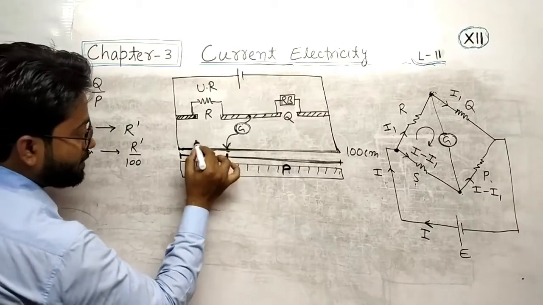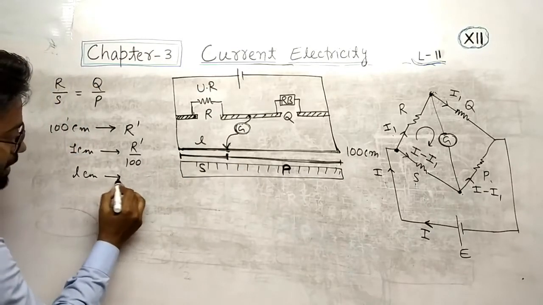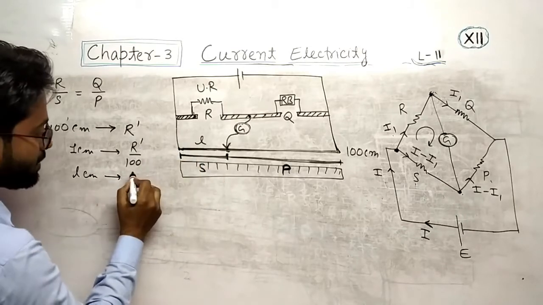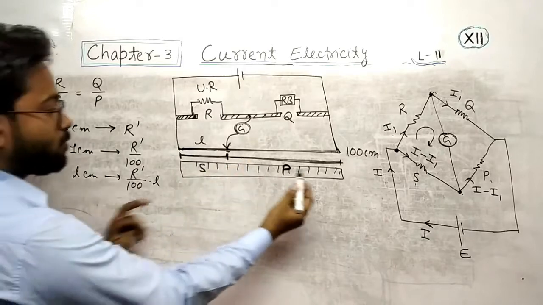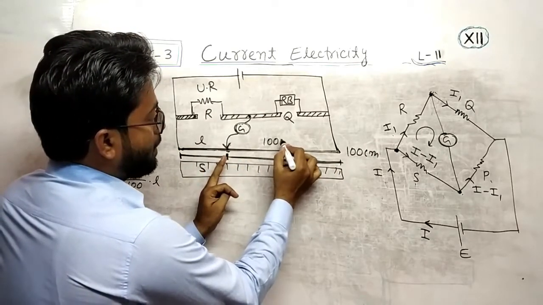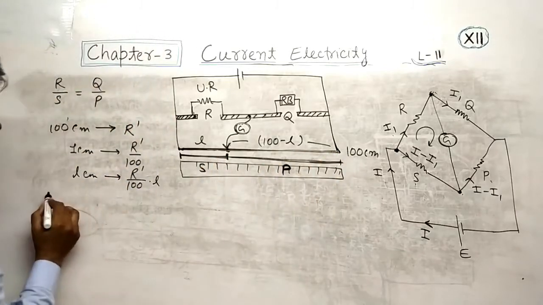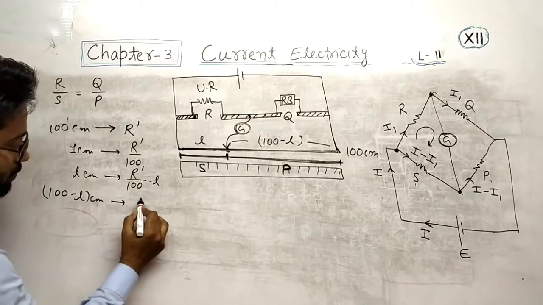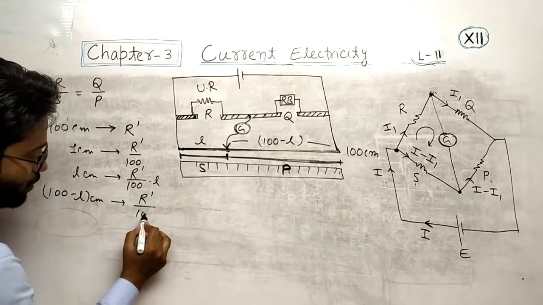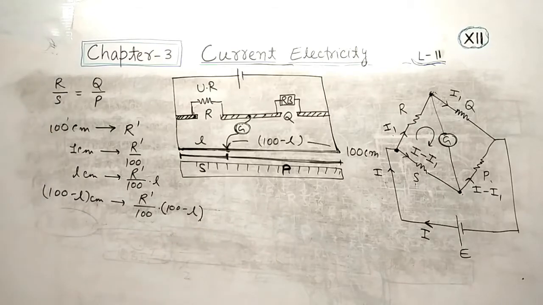If this length is L, means L centimeter length will have R dash upon 100 times L. This portion is 100 minus L. That means 100 minus L centimeter length will have R dash upon 100 times 100 minus L.